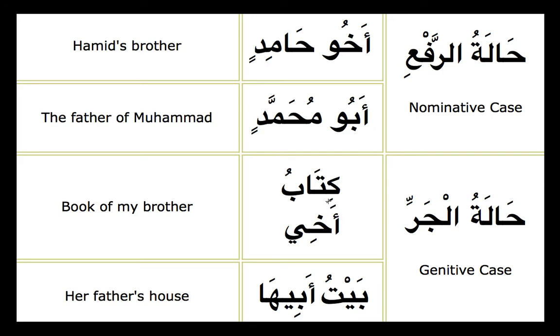And when it is majroor, we say kitabu akhi. Kitabu is mudaf, akhi is mudaf ilayhi, and ya mutakallim is the final mudaf ilayhi. This is the book of my brother. Baitu abiha, her father's house.